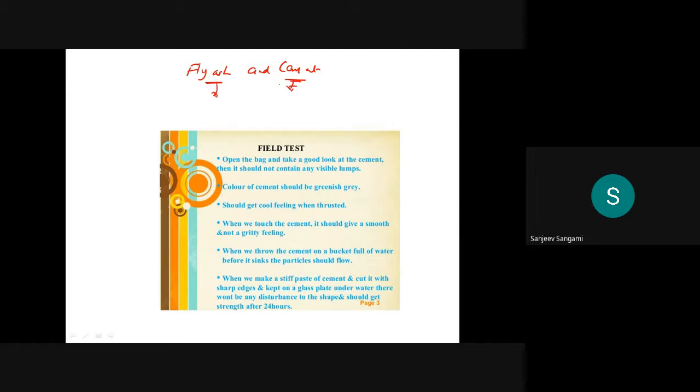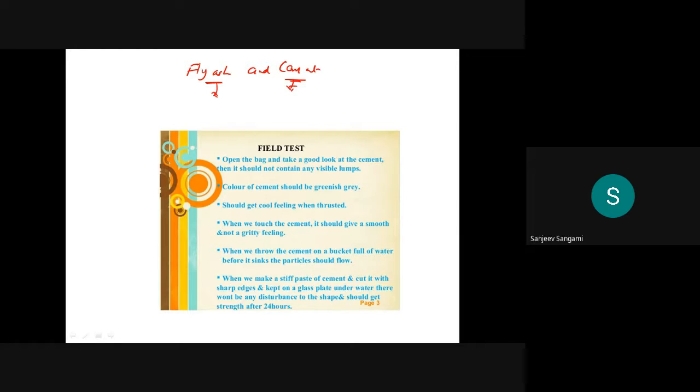When you touch the cement, it should give a smooth and not gritty feeling. When we throw the cement on a bucket full of water, before it sinks, the particles should float. This is what you normally have to do, the common tests without doing the laboratory test.